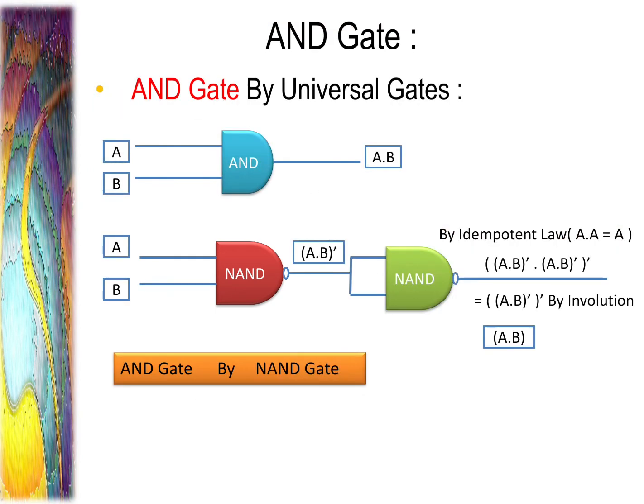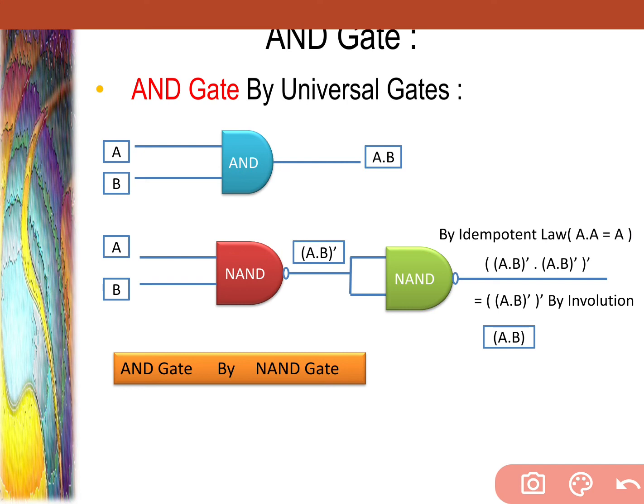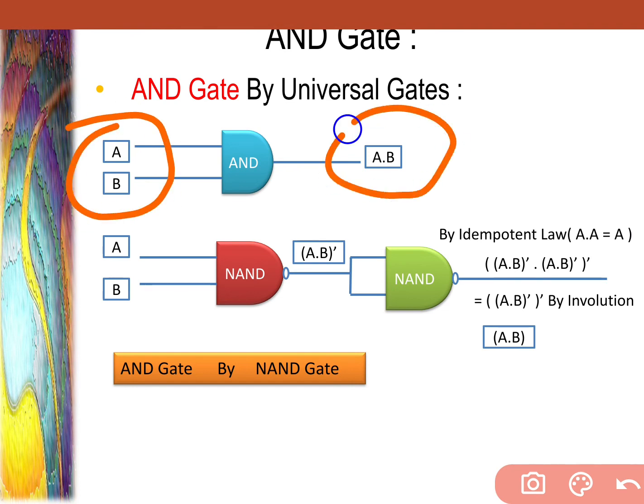See the next one, the AND gate. I am going to create the AND gate by universal gates. But first of all, we have to think about what the role of the AND gate is: accepting two or more inputs. AND gate always gives us output by placing a dot in between our inputs.